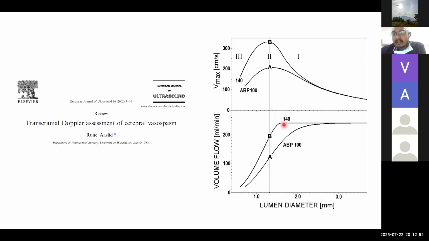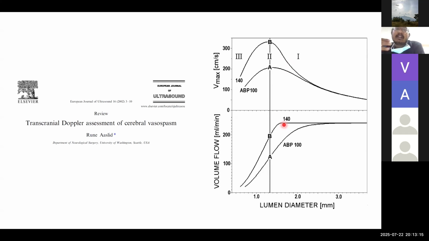For the same reason, Rune Aaslid identified a ratio which was later popularized as the Lindegaard ratio. He wanted to compare the velocities inside the brain with the velocities in the arteries supplying the brain, so basically intracranial flow and extracranial flow, and he took a ratio.